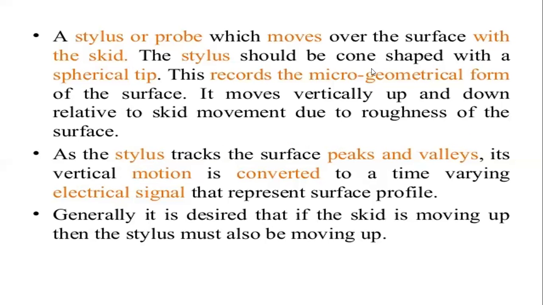That is what is meant by the microgeometrical forms of the surface, and the stylus moves vertically up and down related to the skid movement. Whenever it meets roughness, it moves up and down due to the roughness of the surface, as the stylus tracks the surface peaks and valleys.